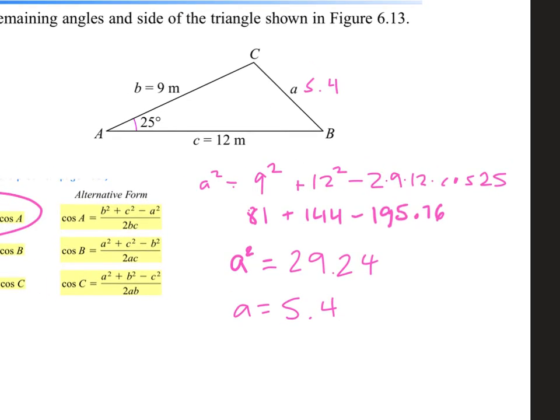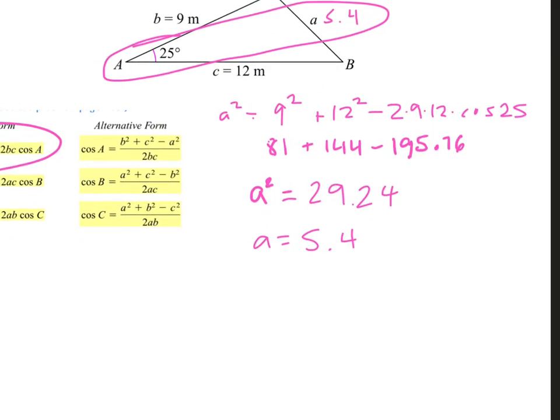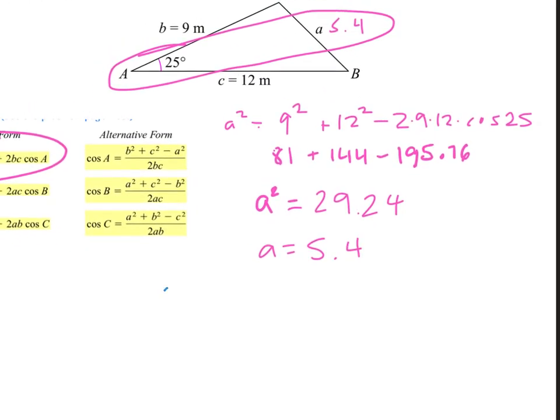Now that we have a pair of corresponding angle and side, can we use law of sines? Yeah. So I like to change back to law of sines. We could still use law of cosines to find our other angle, but I think law of sines is just a little bit easier. So we have sine of 25 over 5.4 is equal to what?